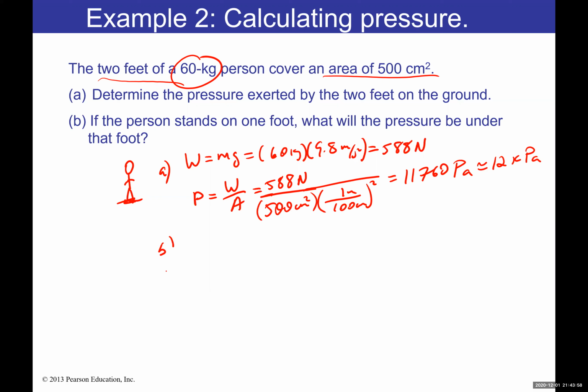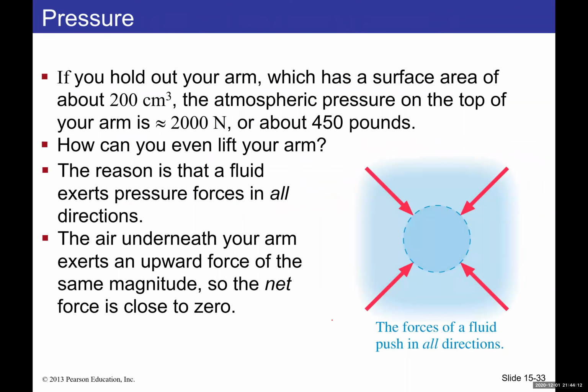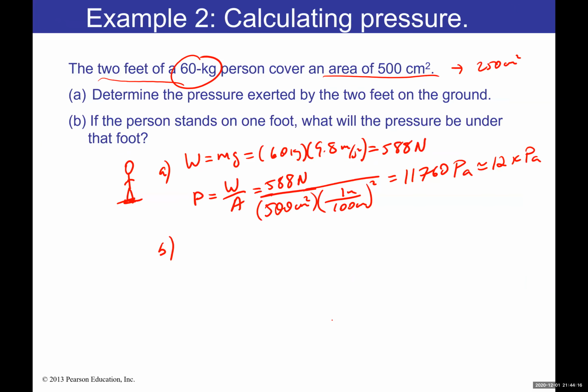For part B, it says, what if it's on 1 foot? So if it's 1 foot, then it's 250 square centimeters covered, right? The difference here is that now you have only half the area.